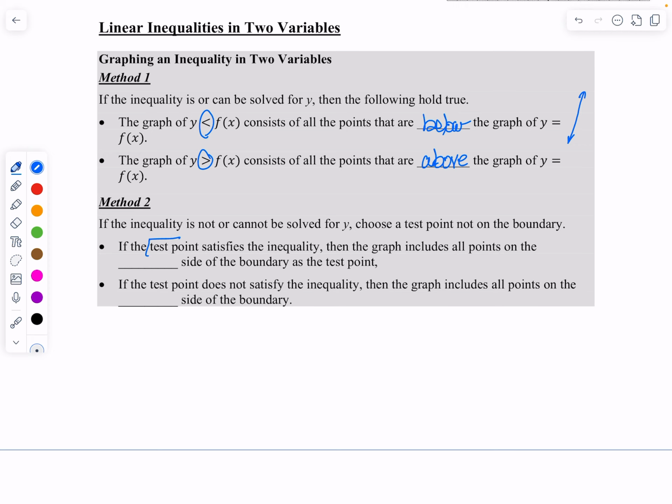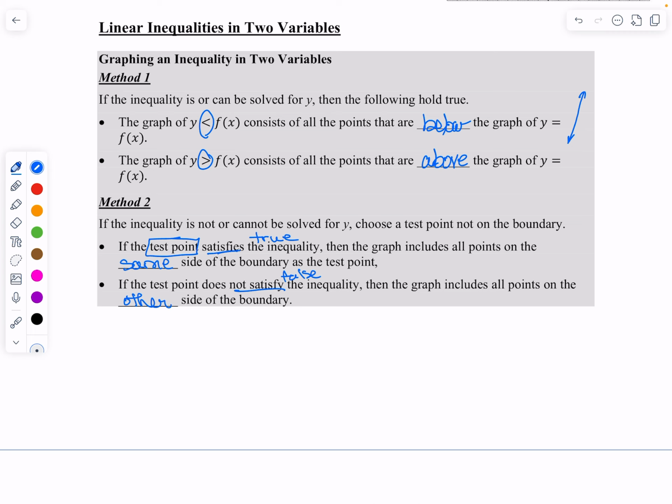And that's where you grab just a test point and you plug it into your equation. And if you get something that's true, so it satisfies it, then you're going to shade on the same side as that test point. If you get it and it's false, so it does not satisfy it, then you're going to shade on the other side of that graph.